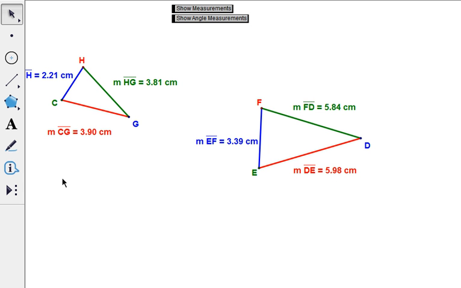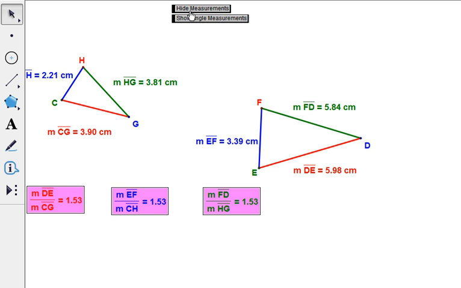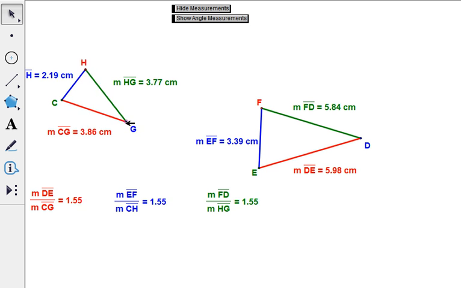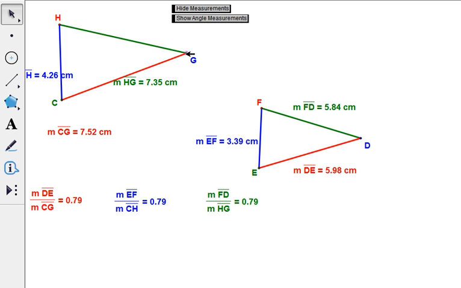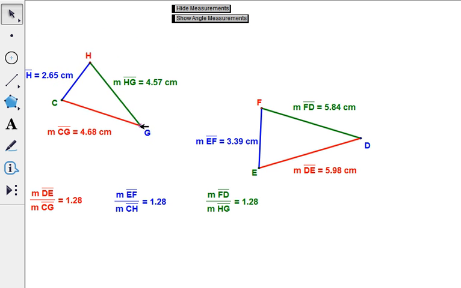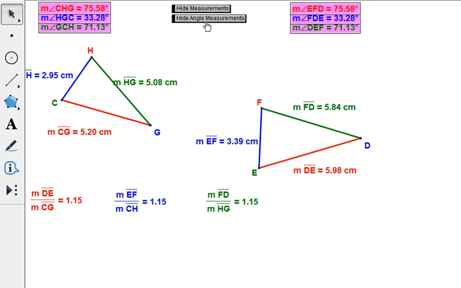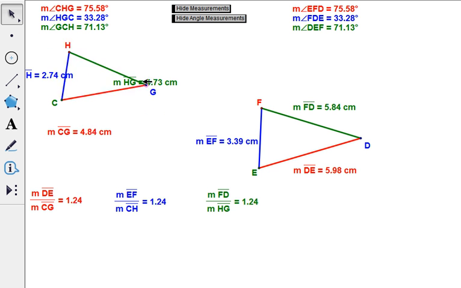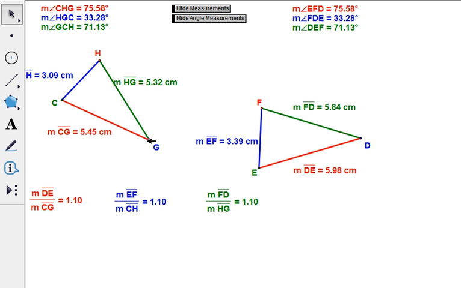So when I look here, I have my 2 triangles, I have the side lengths on there, but what I want to show you is, notice that all these sides are proportional. As I move this triangle, it's staying proportional to the other one. Well, if I show you the angle measures now, notice all the corresponding angles are congruent, and even when I move it, those angle measures stay that way.